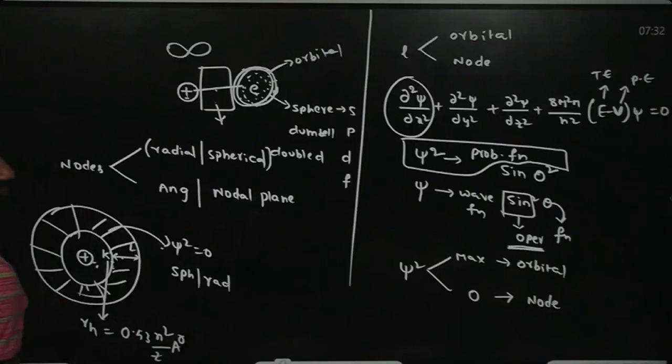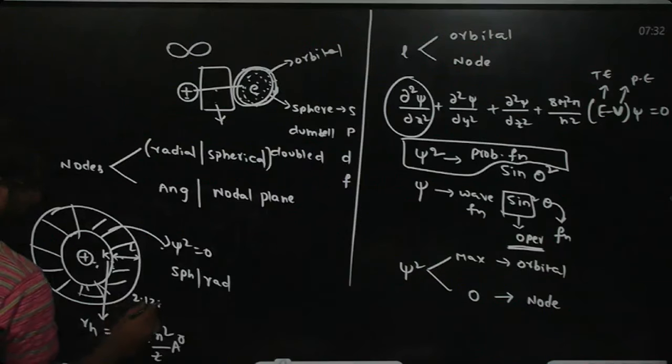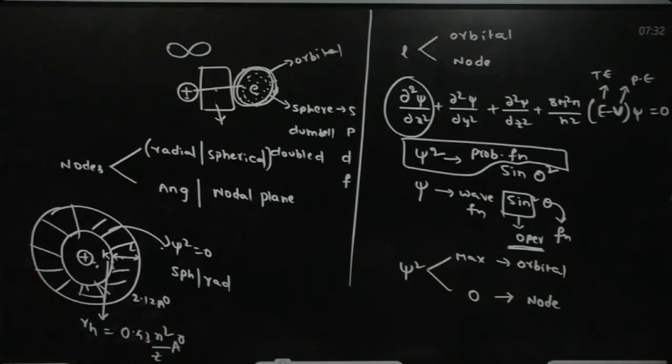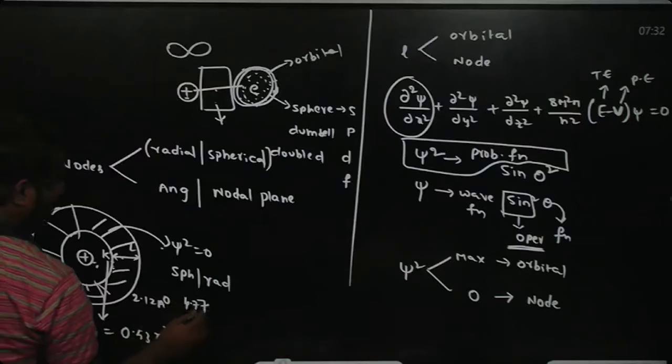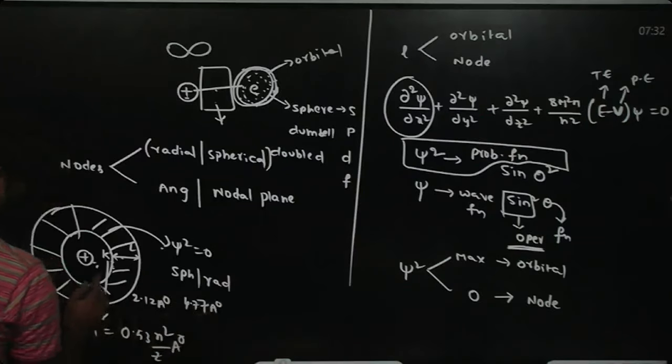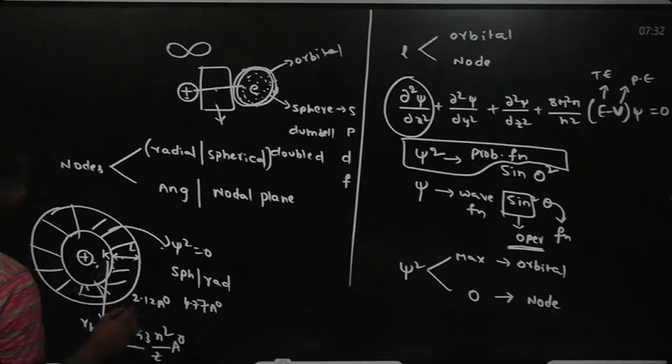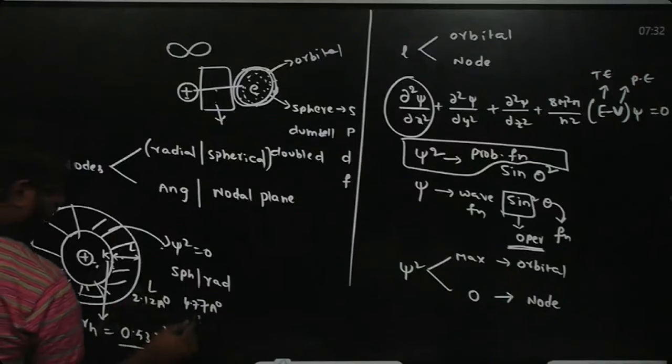L becomes 0.53 into 4, that is 2.12 angstroms. The L shell is located at 2.12 angstroms. The M shell is 0.53 into 9, that is 4.77 angstroms. This is K, 0.53. This is where L is located. This is where M is located.